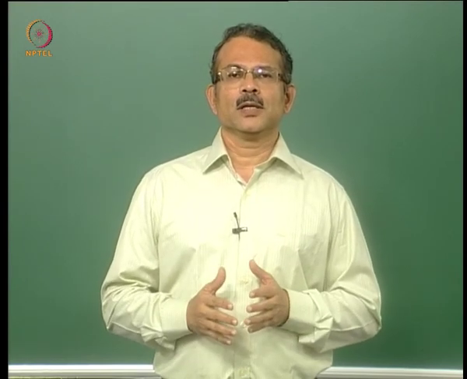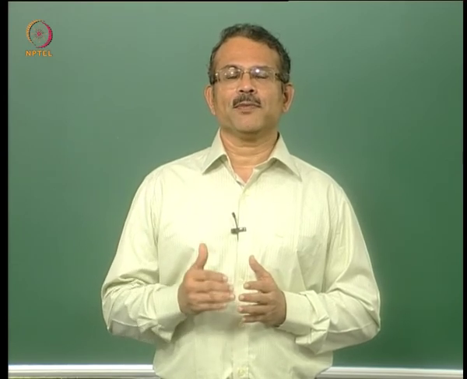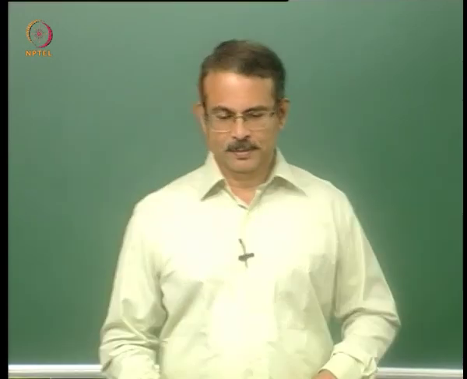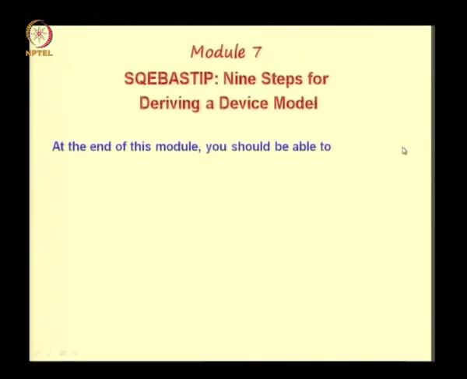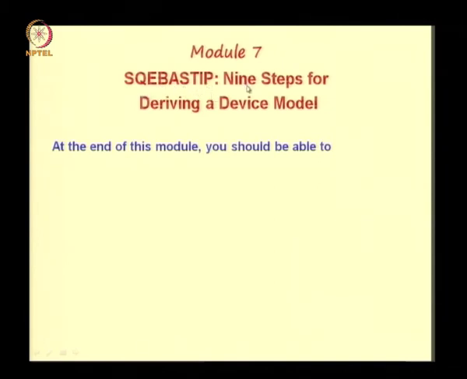In this module, we shall look at the procedure which we employ for modeling any semiconductor device. We shall abbreviate the procedure as SQUARE BAR STEP. Thus, there will be 9 steps for deriving a device model.